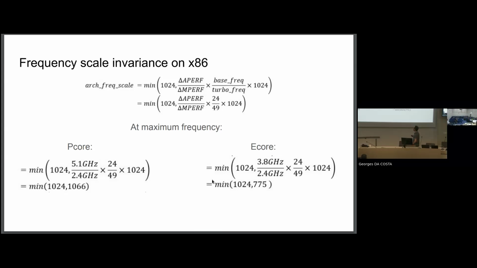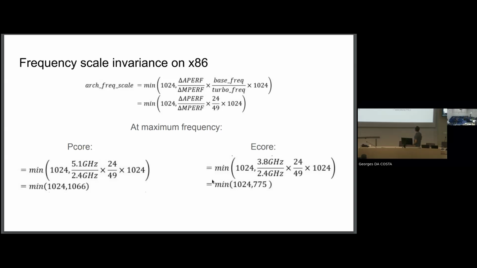But if you look at how the E-core looks, again, we feed the numbers of the hardware into the formula, we see that the max frequency of the E-core is 3.8 gigahertz, meaning that the A-perf counter may be increasing at that rate.